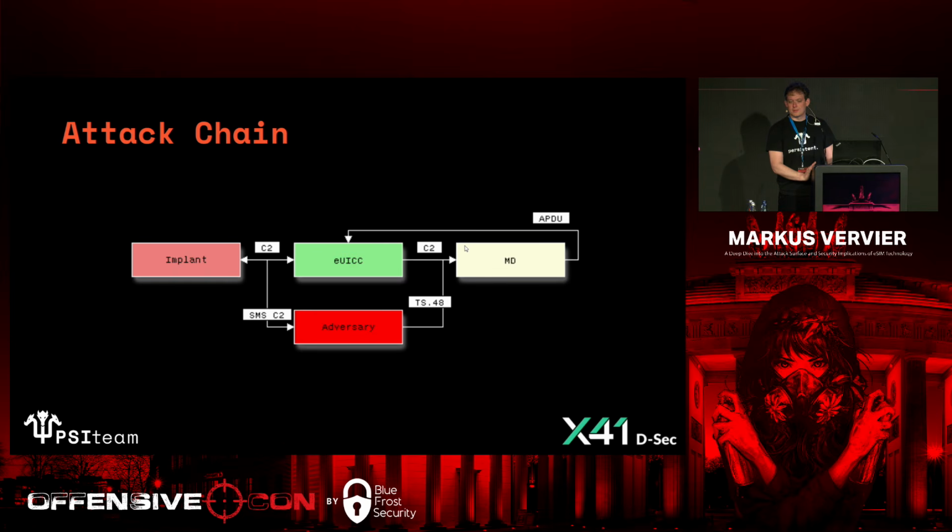One thing we thought of, for example, is an attack chain from an adversary that has executed something on a mobile device, deploys an eSIM profile, and can use, for example, SMS as C2. It's a kind of implant app on the SIM.